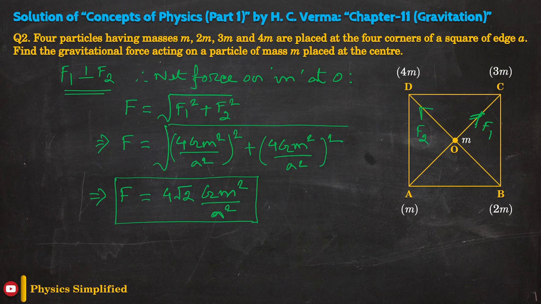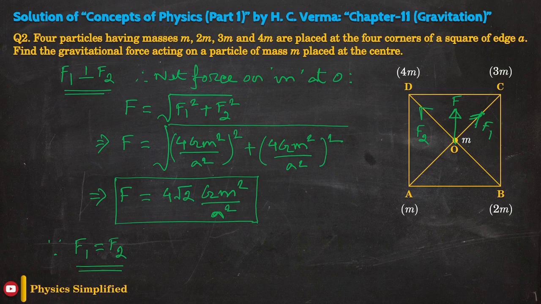Now what will be the direction of F? Remember, the magnitude of F1 and F2 is the same. Whenever two vectors have the same magnitude, the resultant of those two vectors will always bisect the internal angle between those two vectors. So here this F will bisect the internal angle between F1 and F2, so the net force will be acting in the upward direction like this.